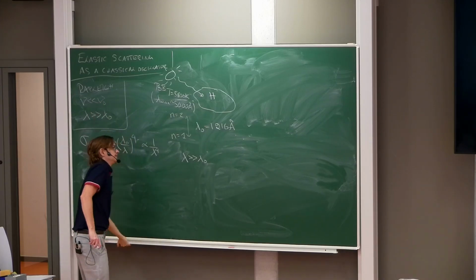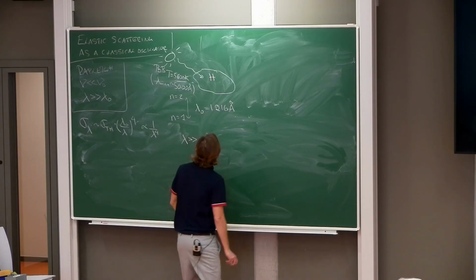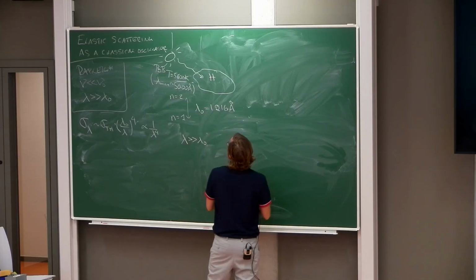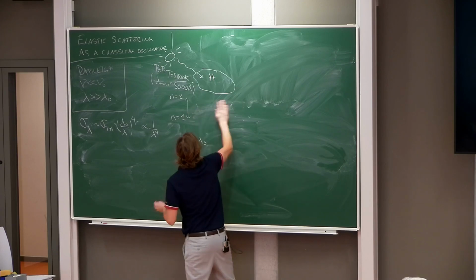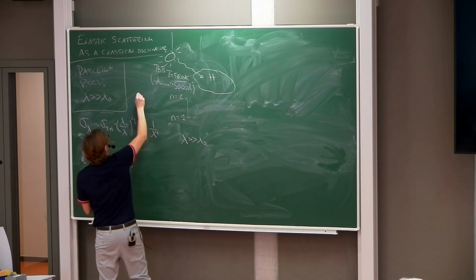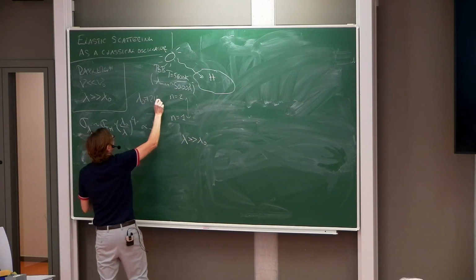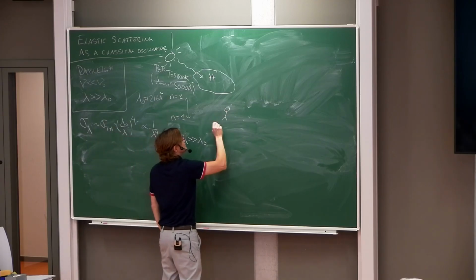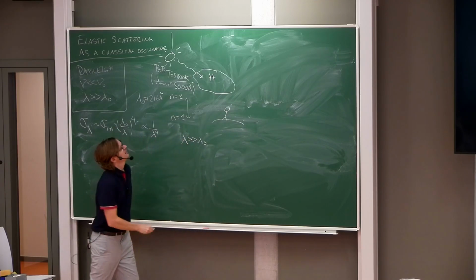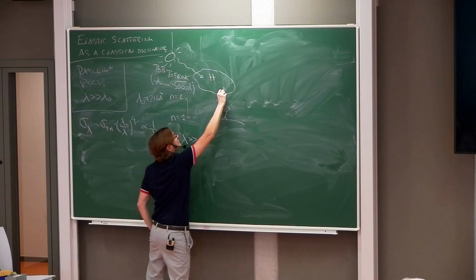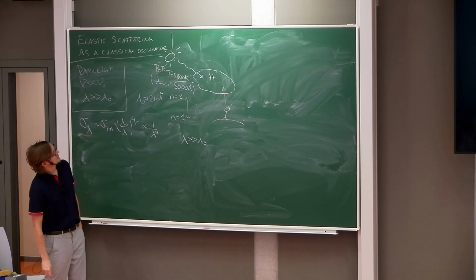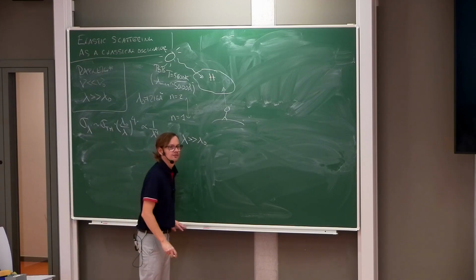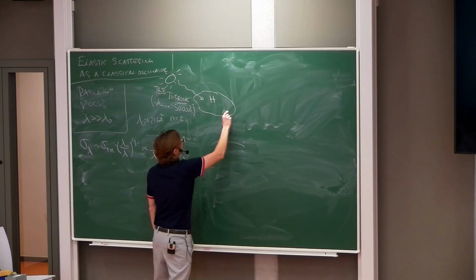Okay, so lambda 0 is 1216 angstrom. We can place a little observer here, looking at that part of the sky up here.